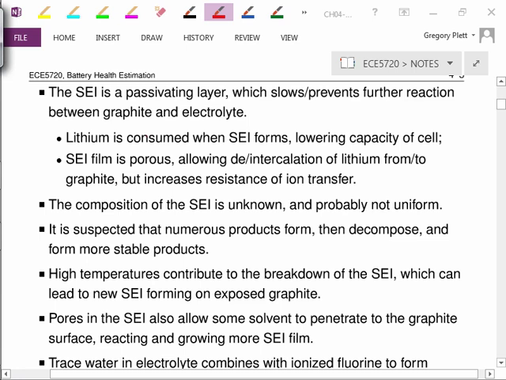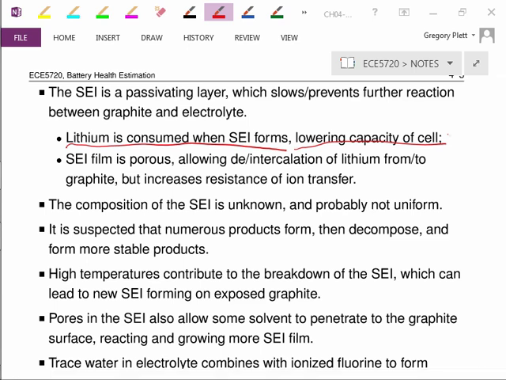Okay, so SEI is a passivating layer. It covers the surface of the carbon in such a way that it tends to slow down the chemical reaction that forms SEI a lot. Lithium is consumed as part of the SEI formation. That's why the capacity of the cell goes down. I don't have as much lithium to go back and forth. The SEI film is not a solid wall.